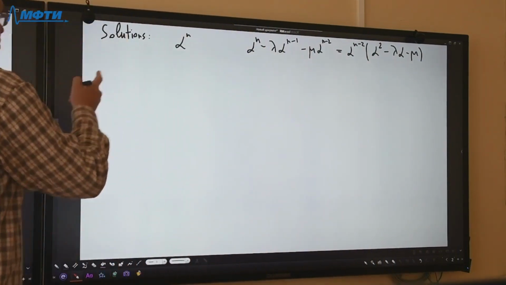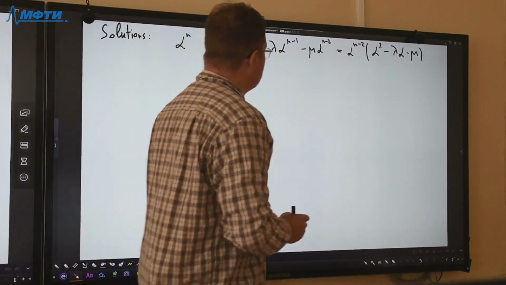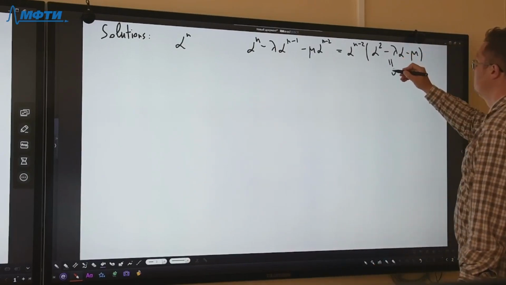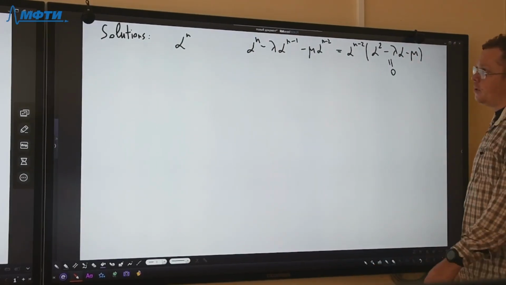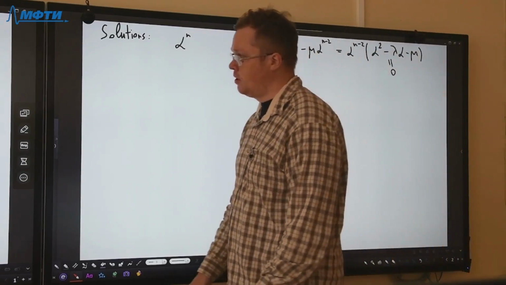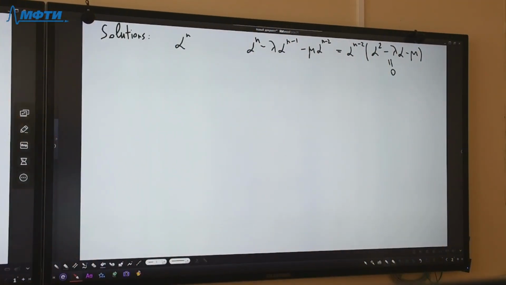And this is 0 because alpha is a root of this polynomial. So of course, alpha to the nth power will be a solution.